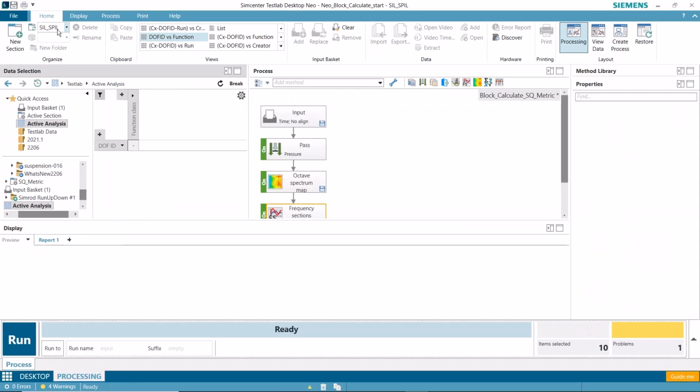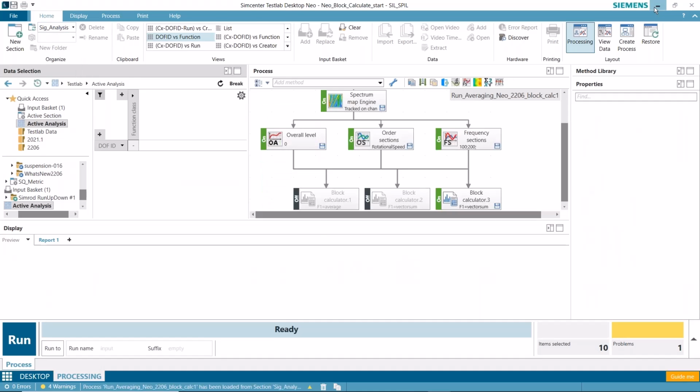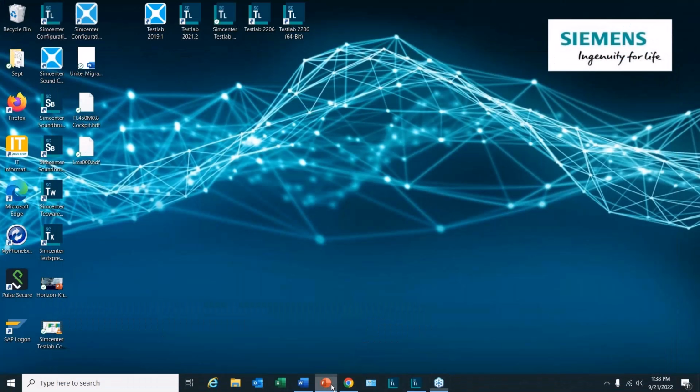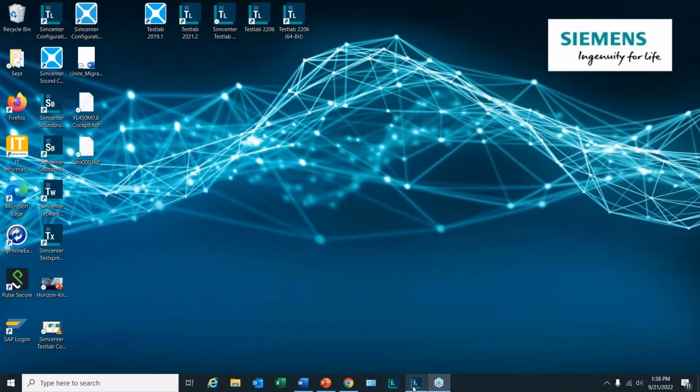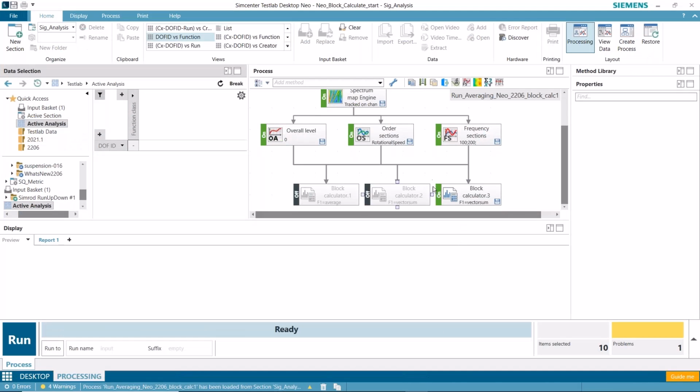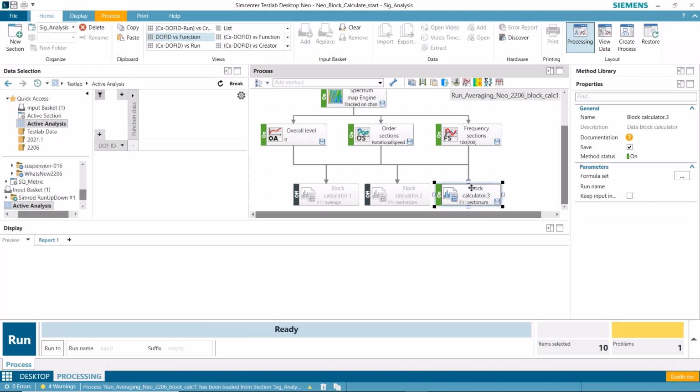So let me go back to my very first section, and let me go back to the slides. And then what I put here in this last slide is, if I go into the block calculate method, I can go to the documentation, and I have the documentation installed locally, so it finds it.